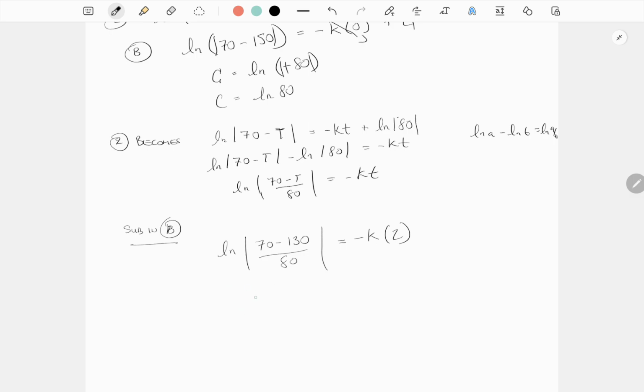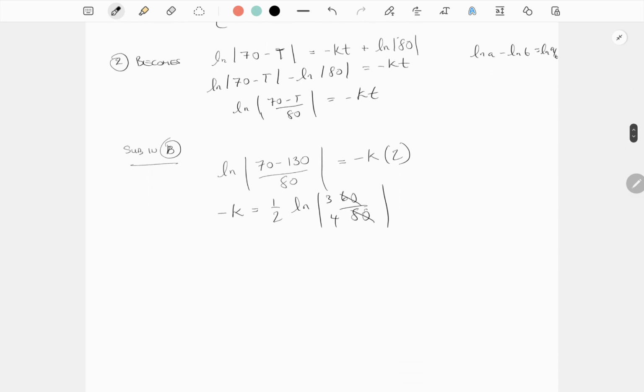So negative K equals 1 over 2 ln of 70 minus 130 over 80. 70 minus 130 is 60, so this becomes 60 over 80, which is 3 over 4.